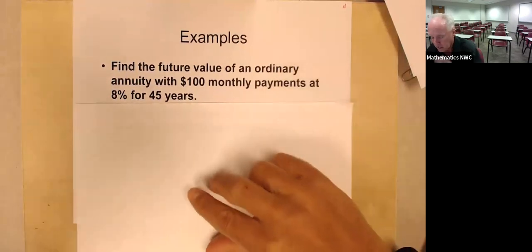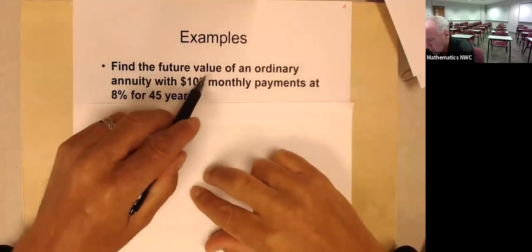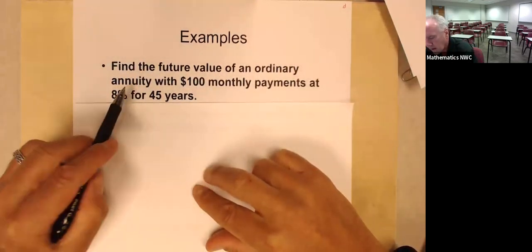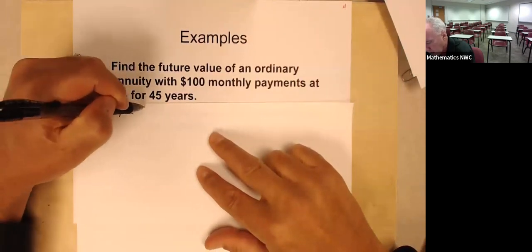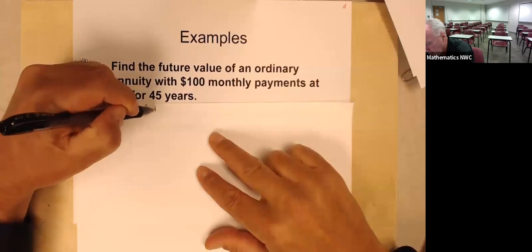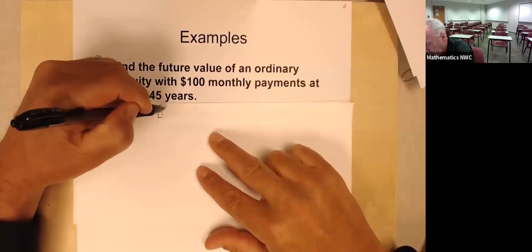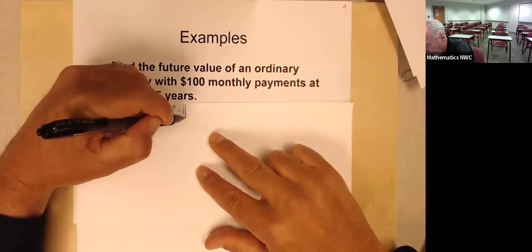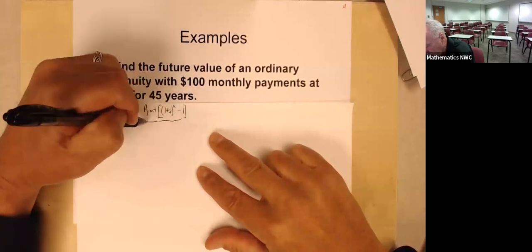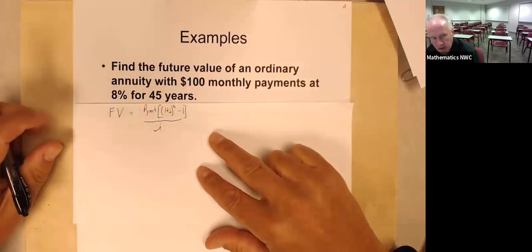Here's our first example. Find the future value of an ordinary annuity. Well, my formula, the future value is going to be my payment times 1 plus I to the nth power minus 1, all divided by I. You have that formula down in your notes.